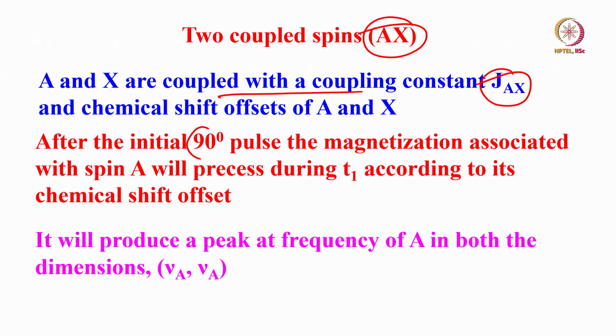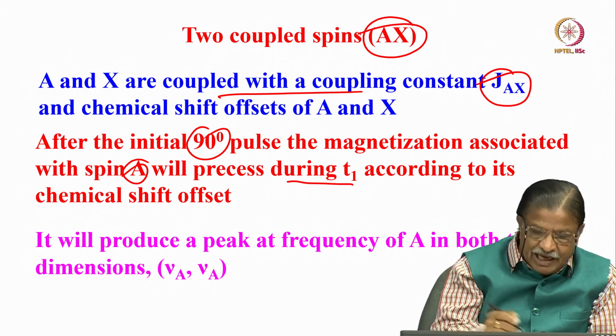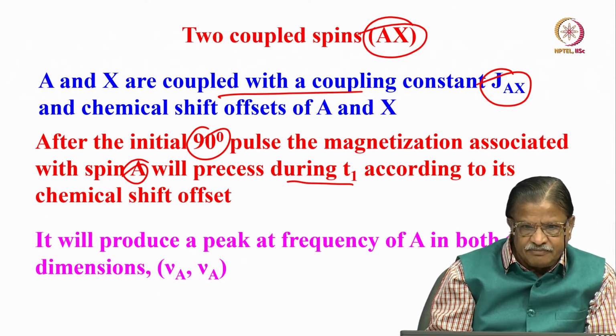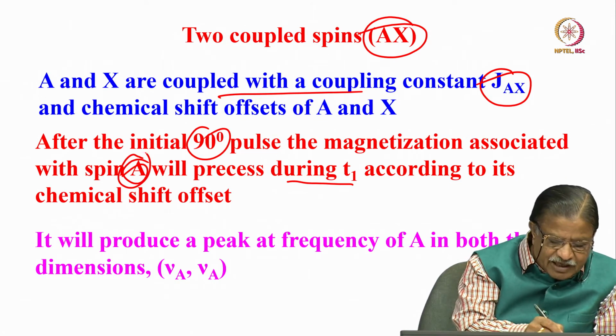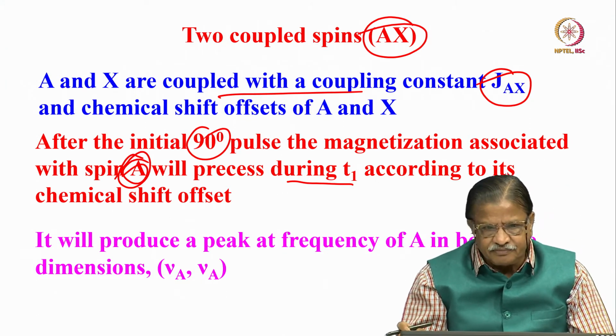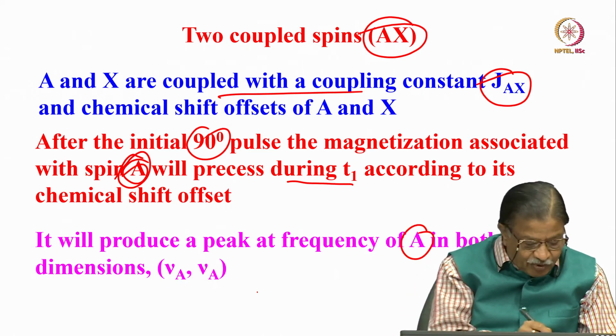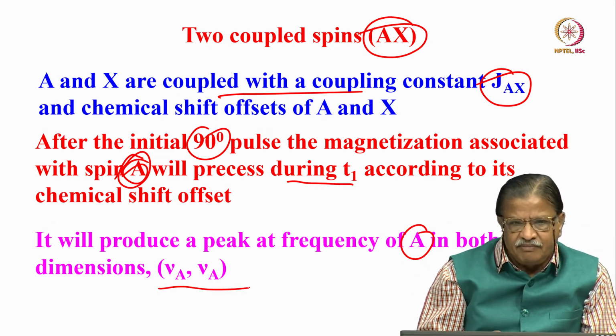After the initial 90-degree pulse, the magnetization associated with spin A will precess during T1 according to its chemical shift. Spin A has its own chemical shift, spin X has its own chemical shift. So it starts spinning in the T1 period at its regular chemical shift offset. Then it will produce a peak at the frequency nu A in both dimensions, nu A and nu A.